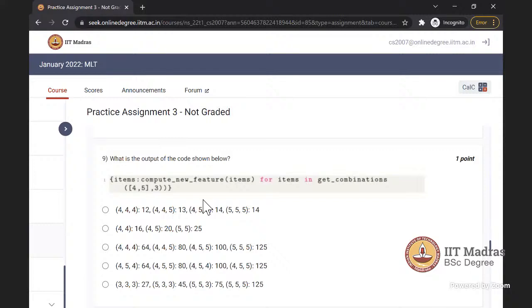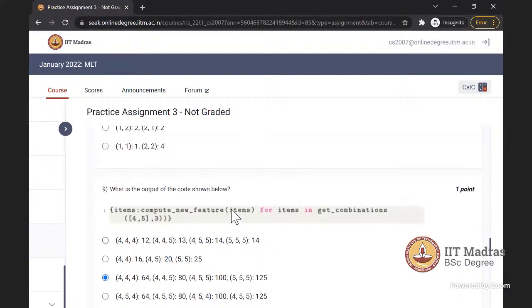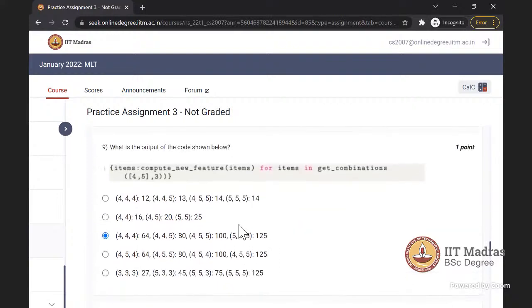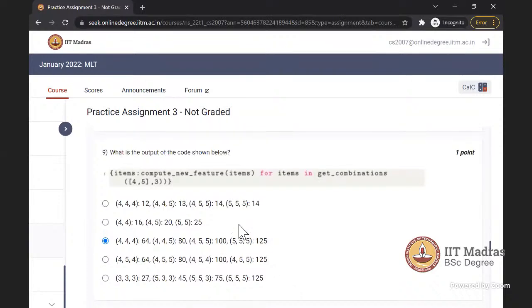Option 3. 4, 4, 4, 4, 4, 5, 4, 5, 5, 5, 5, 5. Yeah. Option number 3, you are saying? Yeah. Okay. Yeah, I think it is right. So, do you have any confusion how these terms are coming up? Or you're okay with this? So it'll be nice if you could just briefly explain.